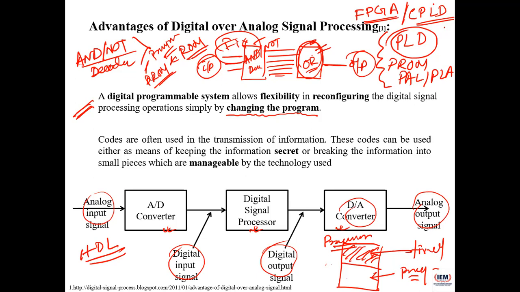Those codes can be used either as a means of keeping the information secret, or of breaking the information into small pieces, which is manageable by technological use.